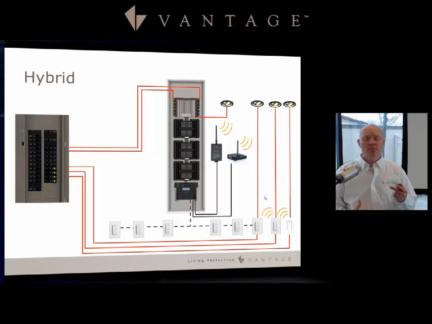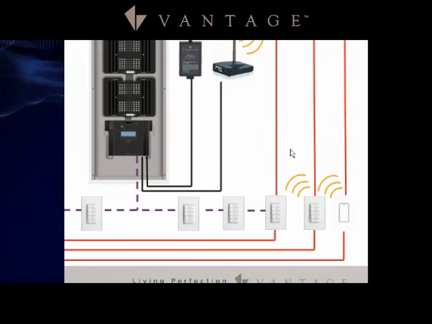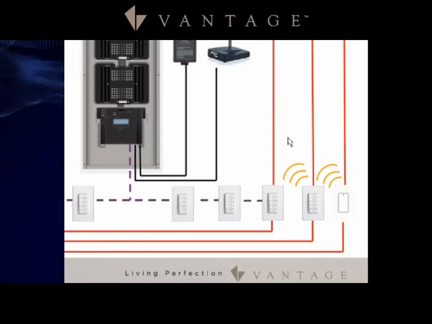Then I would use a panel-based system, but then maybe I've got some locations where the loads are already run, but I can drop a wire from the ceiling or the attic area down into those locations, and I would get a wire link scene point dimmer. And then maybe some of those areas are just too difficult or not worth the time to get a wire into, so I would add an enabler and be able to add the radio link and/or the RFLC loads to the system. And that gives me a hybrid of all the different systems.